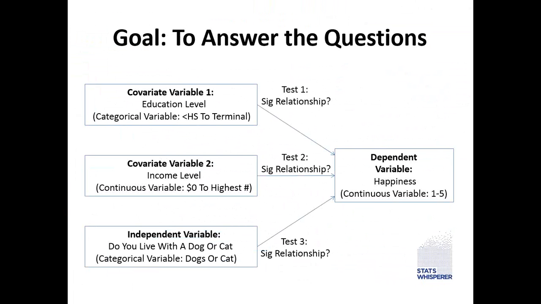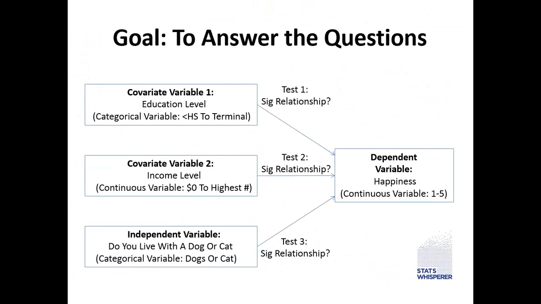So we see test 1, significant relationship, question mark. Then covariate variable 2, income level, right? You see the arrow going to happiness. So we want to know, is income level significantly associated with happiness? In other words, does your level of income have a significant effect upon your happiness?